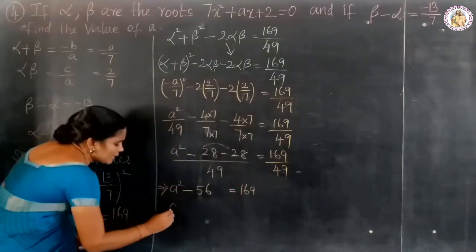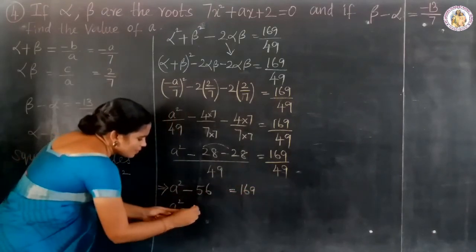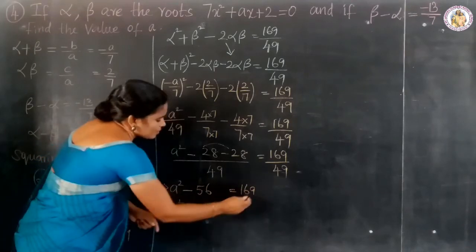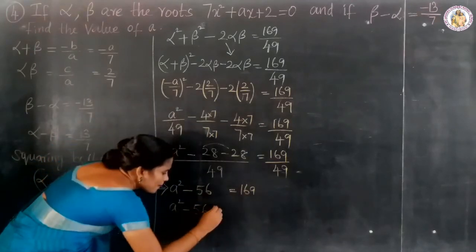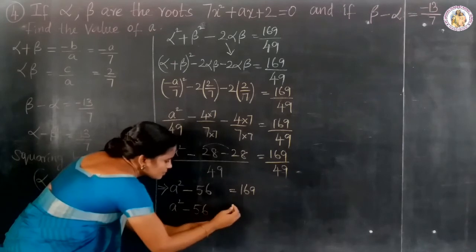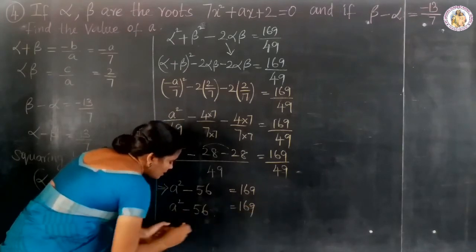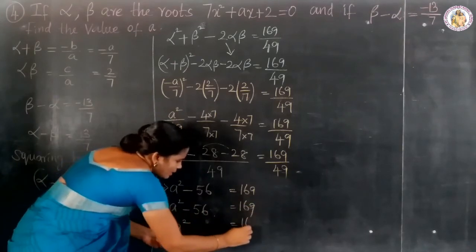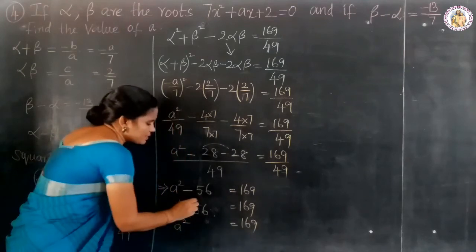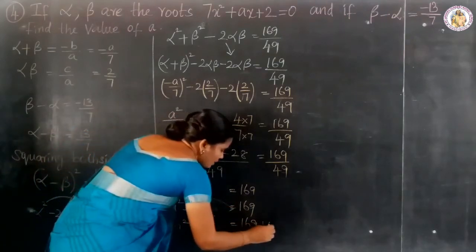Okay, now again a square minus 56 is equal to 169. A square is equal to 169 minus 56. While it goes to the right side, it becomes plus 56.